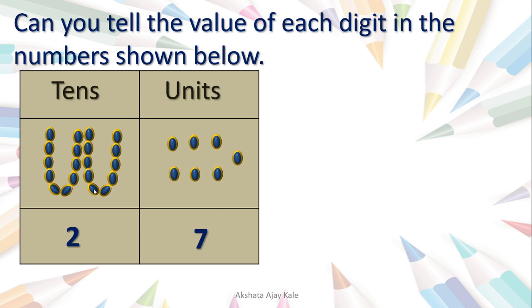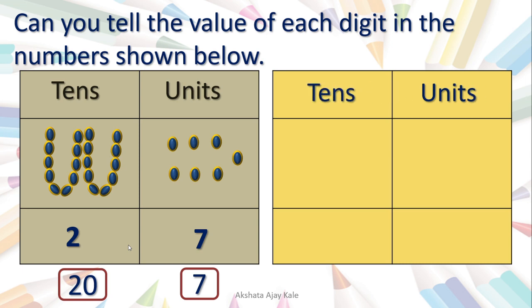Am I right? Means one string has 10 beads. Means total there are 20 beads and in single there are 7 beads. So the place value of 7 is 7 and the place value of 2 tens, that is nothing but 20. Correct?